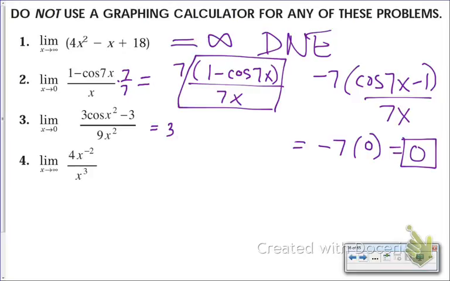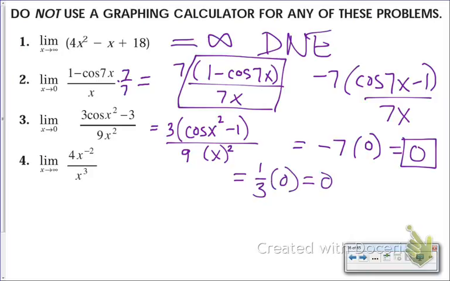No, it's cosine x squared. That makes more sense. That's 3 times cosine x squared minus 1, over 9 times x squared. So that's cosine of a minus 1 over a. The limit as that goes to 0 is what? 0. Good. So this is equal to 1/3 times 0.